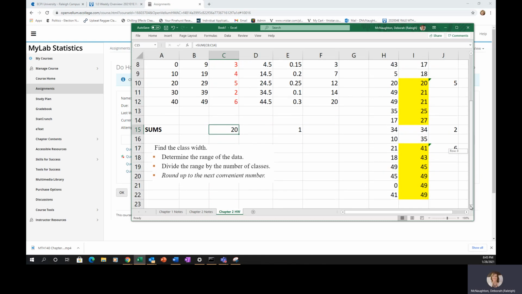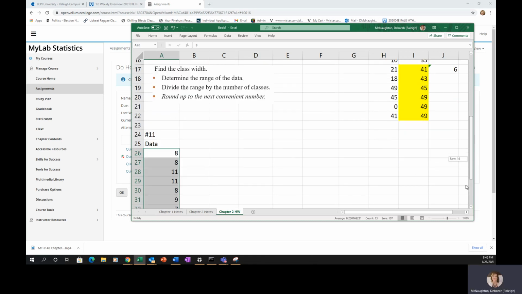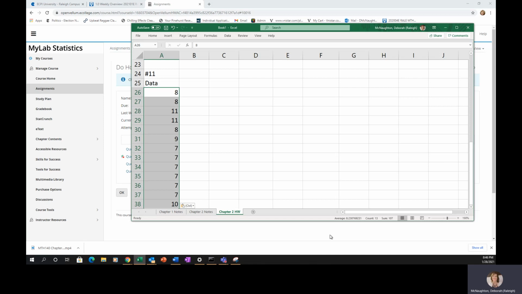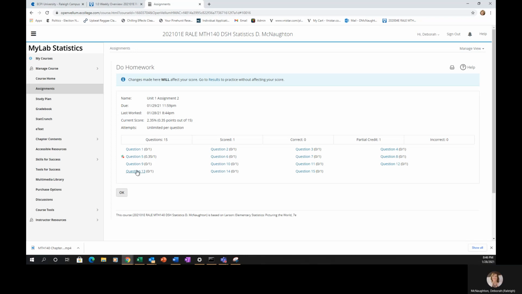This is my homework for chapter 2. So number 11 is the data. Right, so here's my data. And then it wants me to calculate, where it went.